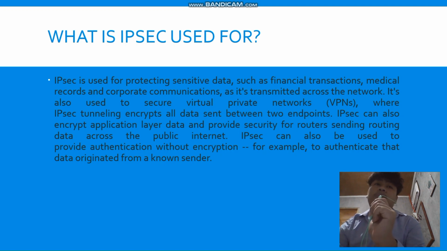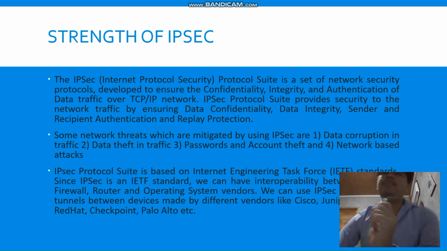IPsec can also encrypt application layer data and provide security for routers sending routing data across the public internet. IPsec can also be used to provide authentication without encryption, for example, to authenticate that data originated from a known sender.